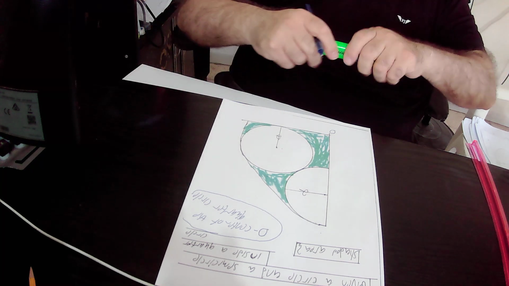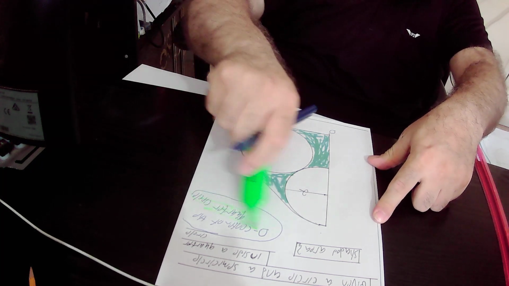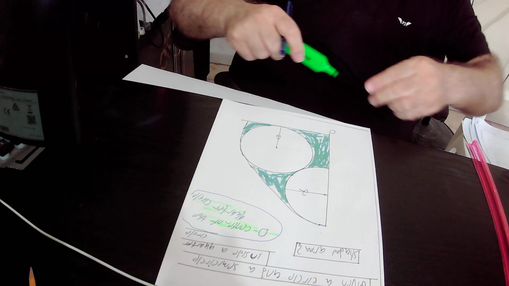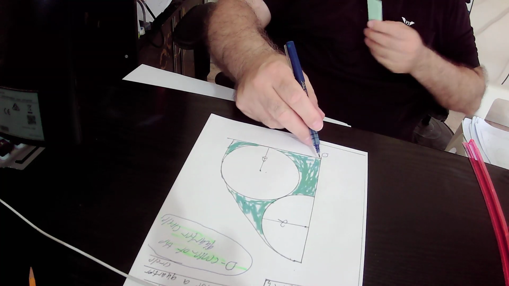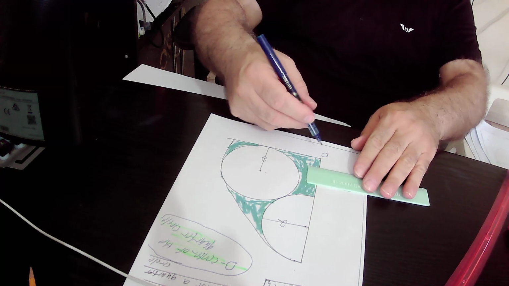In addition, because this is a quarter circle, we know that this angle must be equal to 90 degrees. So this is a right angle.